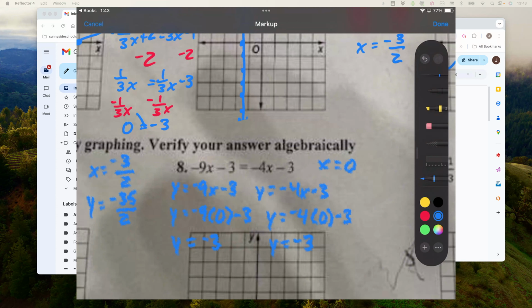And so we could say that the ordered pair, or the solution here, I'm going to maybe pause before I erase right now, the y value would be negative 3.